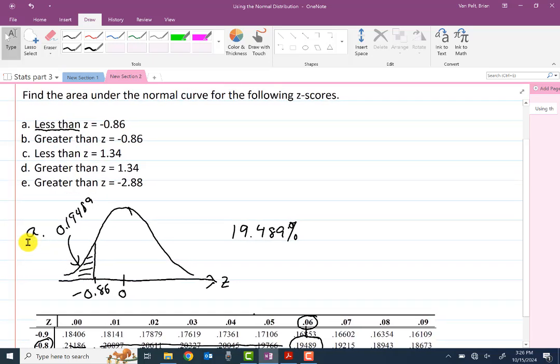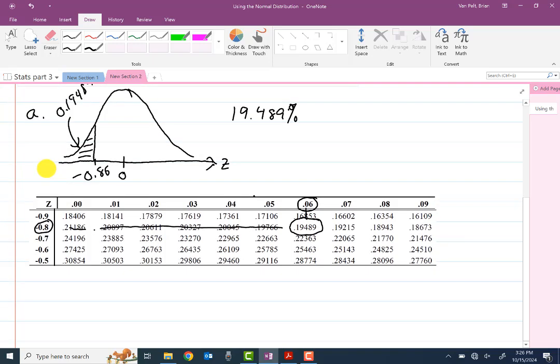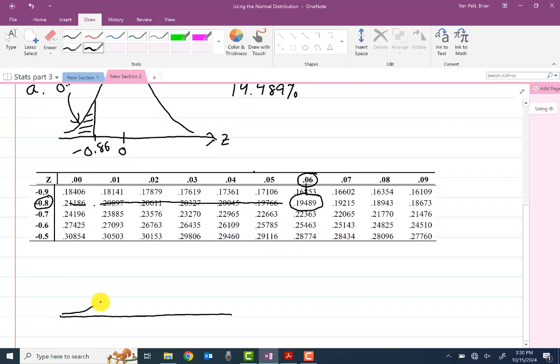The next on the list was greater than negative 0.86. Now for part B, they wanted greater than that same number. So I'm going to try to make it look just like it was up there. When I put the 0, it's just a reminder to myself that I'm dealing with the standard normal distribution. Greater than is going to be this.